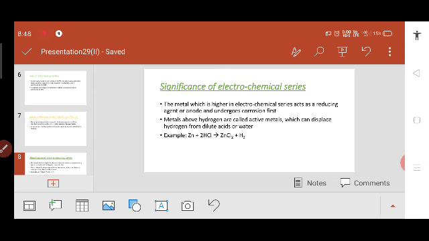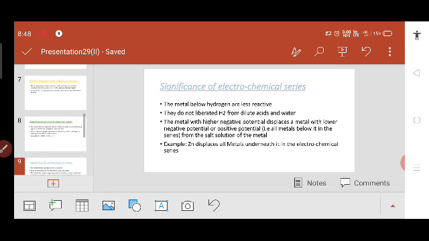Example: zinc plus 2HCl gives zinc chloride plus H2 gas. The metals below hydrogen are less reactive. They do not liberate hydrogen gas from dilute acids and water.